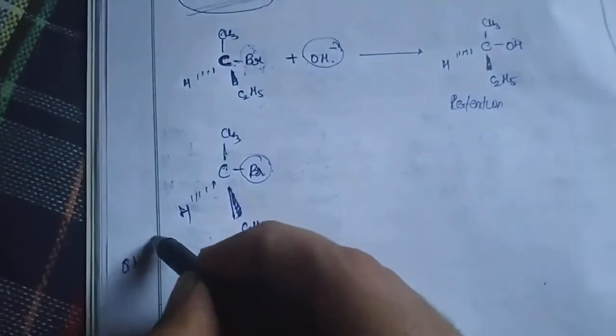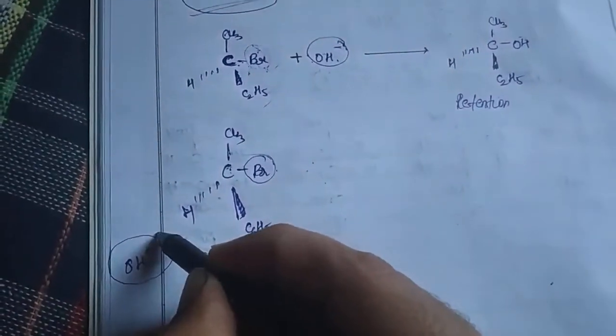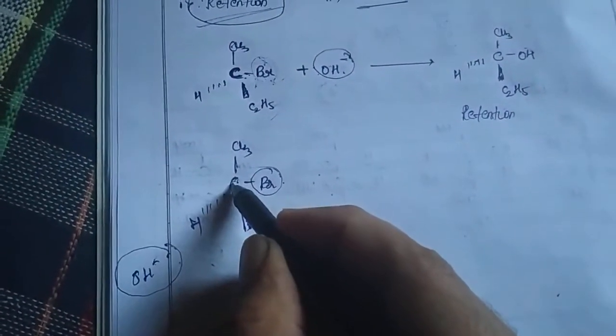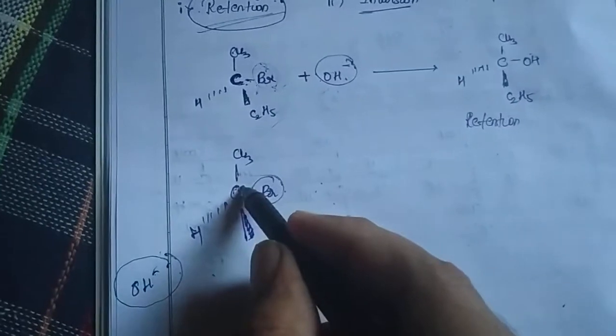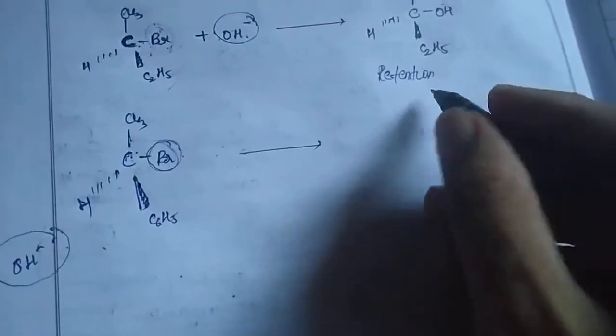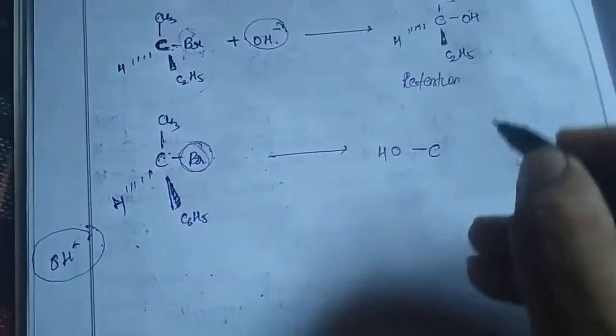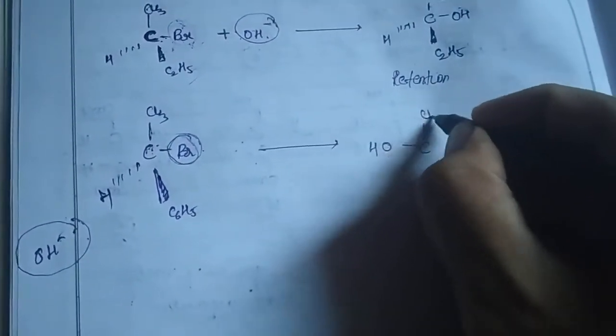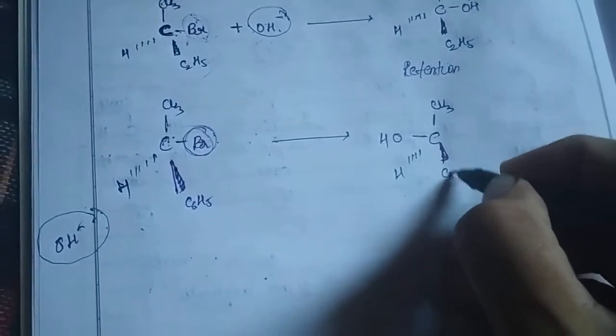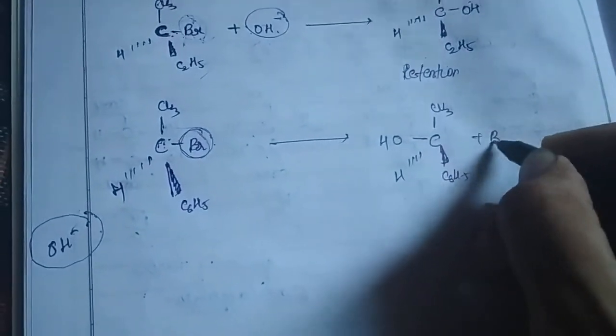Then what structure do we get? It will be in this way: C with OH, CH3, H, and over here C6H5, plus Br minus.